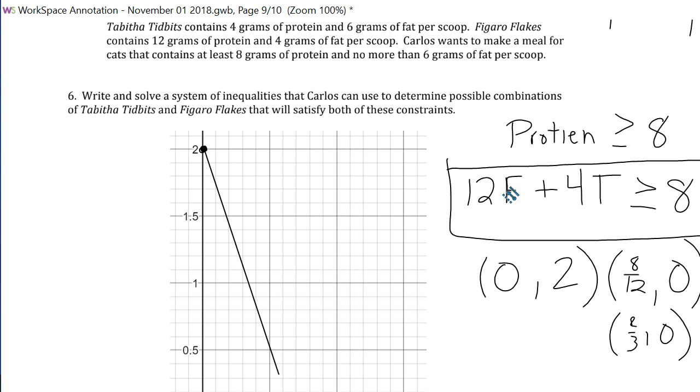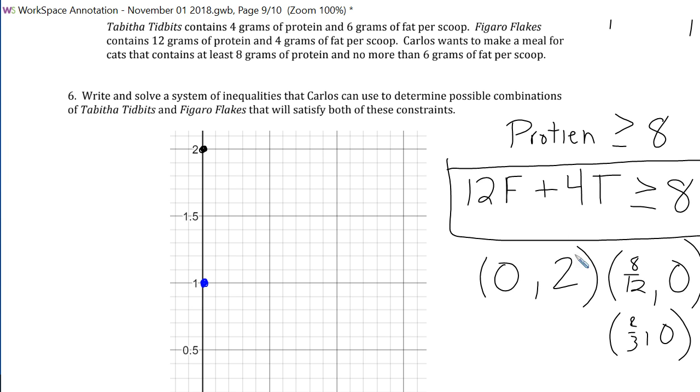All right, now, let's put in a 0 for F. You get 6t divided each side by 6, 0, 1. Okay.